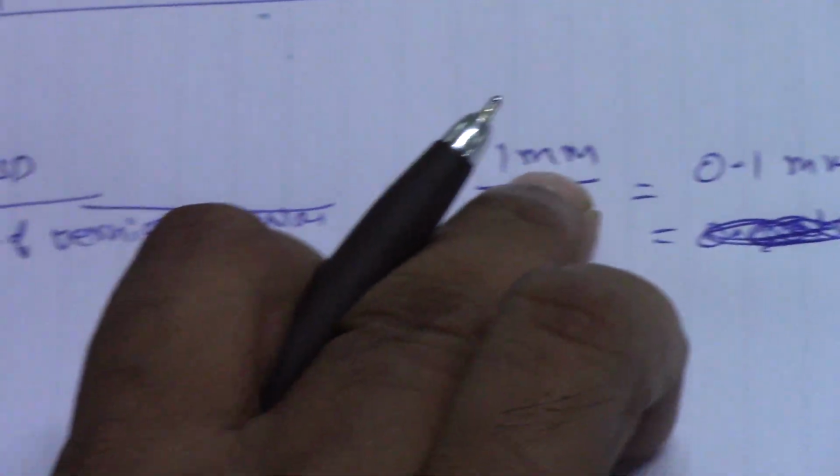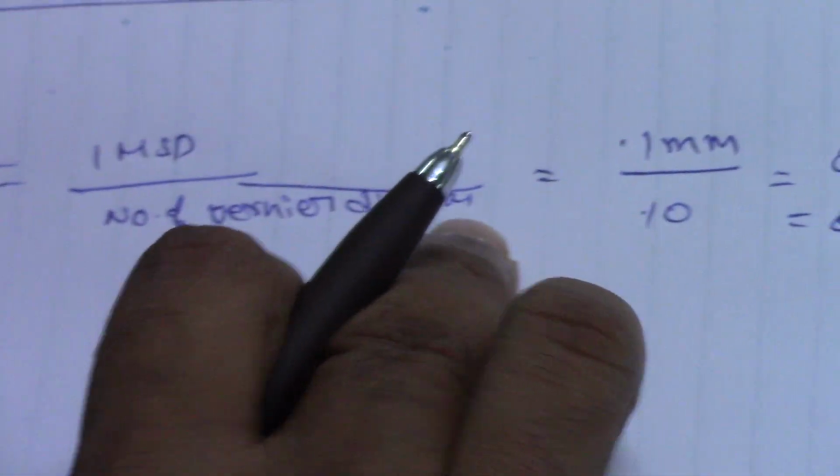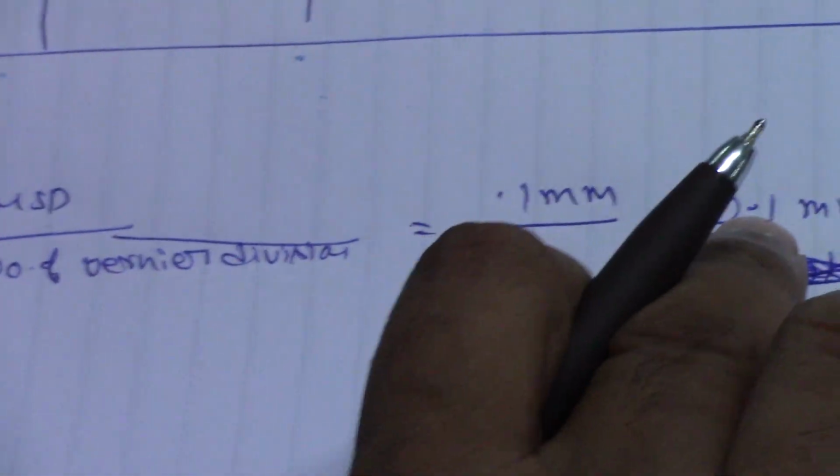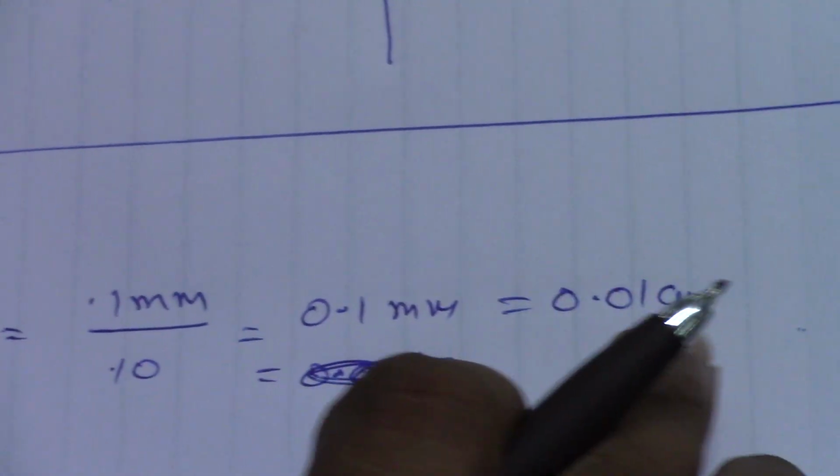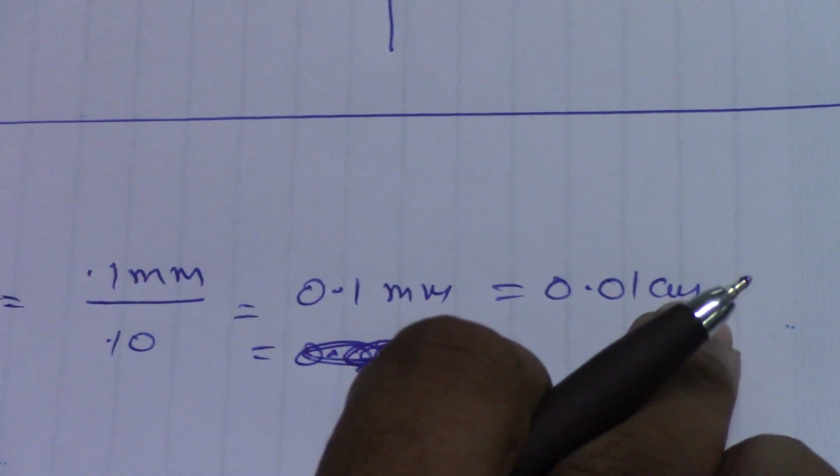The least count of this apparatus is 1 main scale division, which is 1 mm, divided by the number of vernier divisions, 10. So 1 by 10 is equal to what, students? 0.1 mm. If you convert it into centimeters, it is 0.01 centimeters.